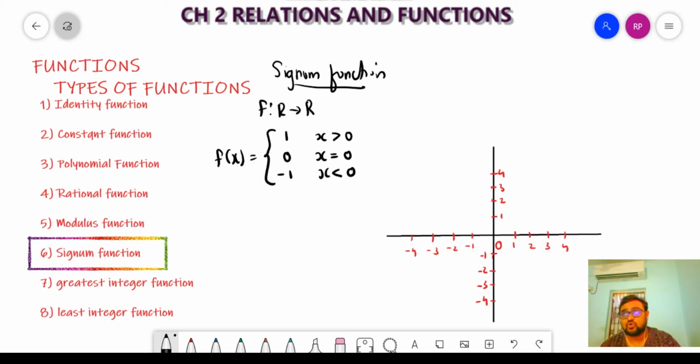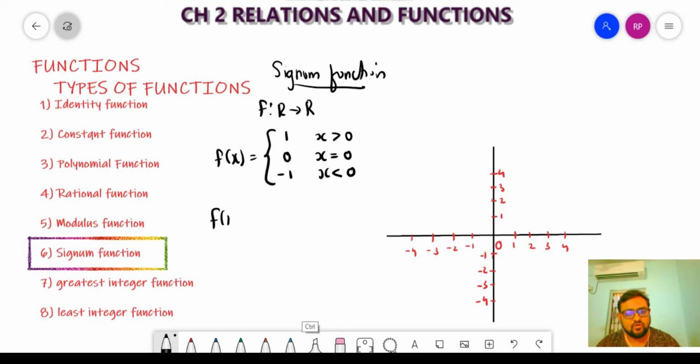Sometimes it is also written in the form of sign in front of the function. It can be written this way: f(x) is equal to x minus 1, right? So this will be the signum function.